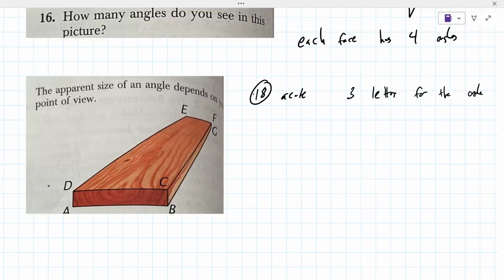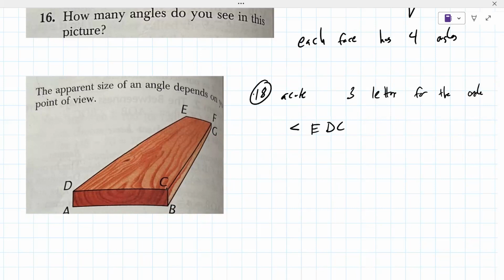Okay, can you give me one acute angle that you see? As if this wasn't just an ordinary board, like imagine it actually looks like this. Okay. EDC. EDC, good, I would agree with that.